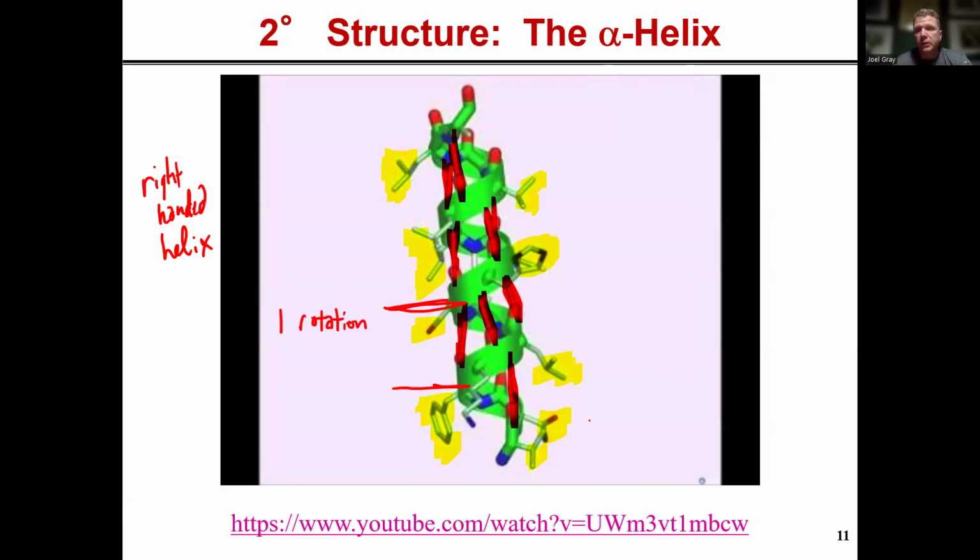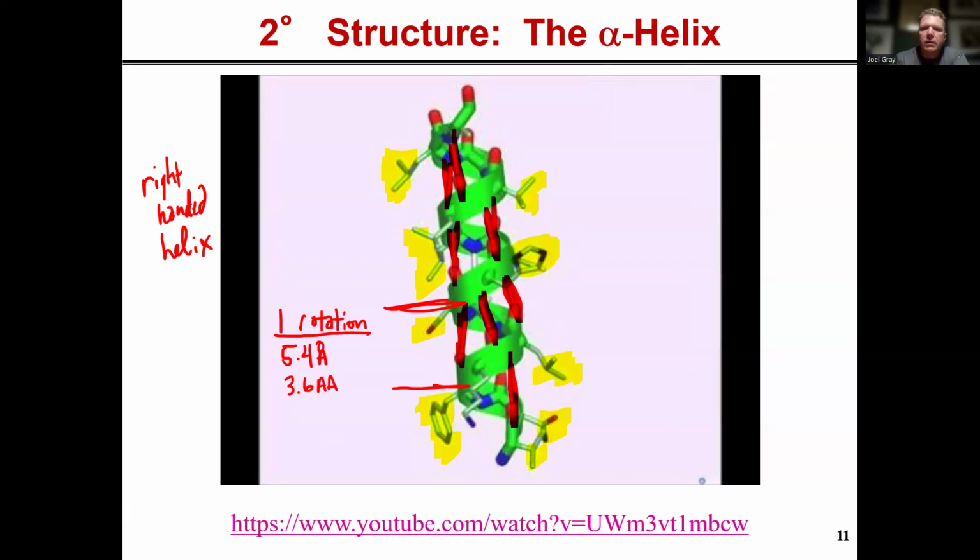There's a couple of important things you need to know about that one complete rotation. The first is that it has a height of approximately 5.4 angstroms. I love that symbol right there. That's smaller than a nanometer. The next thing about that one complete rotation is that it takes approximately 3.6 amino acids to complete it. So it's not 4, it's not 3. Instead, it's approximately 3.6.